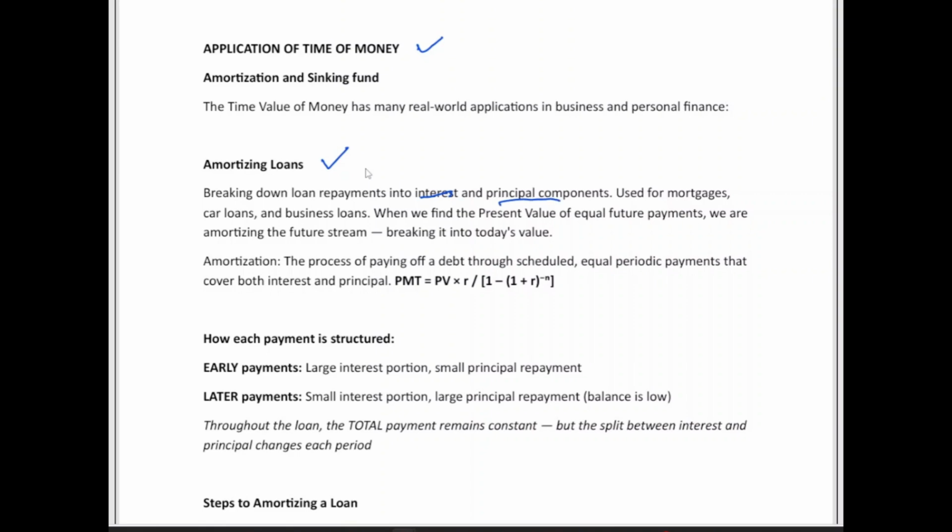So amortization of loans enables us to know how much you should pay on a periodic basis to cater for your principal and the interest that is accruing on the principal amount that is borrowed, right?